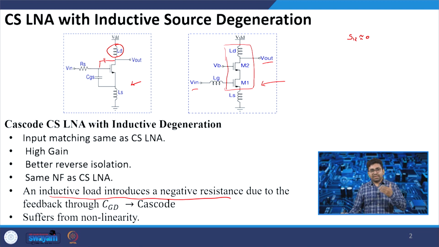That is a method mostly used at high frequencies, and we can also use the same device topology approach to design the low noise amplifier. The input matching is the same as a common source LNA. The gain is high; we already know that a cascode will provide higher gain. It has better reverse isolation. The noise figure is the same as a common source low noise amplifier, and as discussed, it provides much better stability.